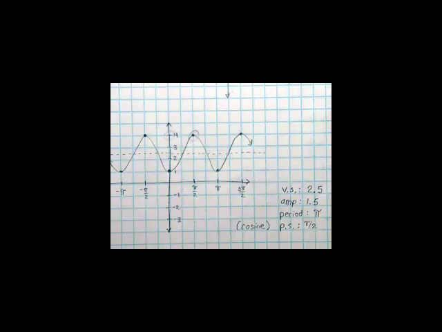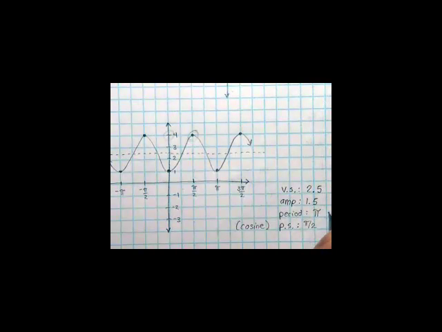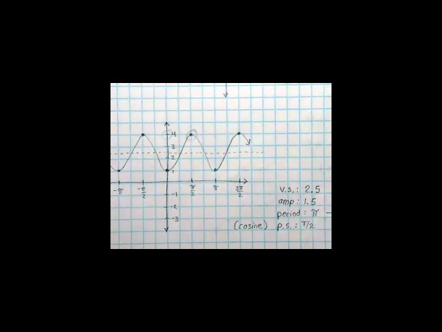All right, so can we take all this information, pull it together, make an equation? The only thing we're going to need to alter here is, if the period is pi, what does that mean the b had to be? Is it 1/2 or 2? 2, yeah. 2 pi over 2 gives you pi.